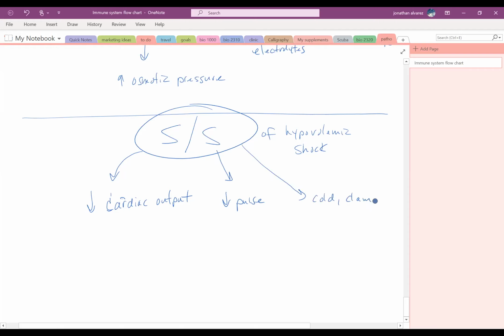Cold, clammy, pale, cyanotic. A decrease in pulse ox, so decreased oxygen. So these are the usual suspects that come with shock and hypovolemia and fluid loss, blood loss. These are fairly common signs and symptoms.